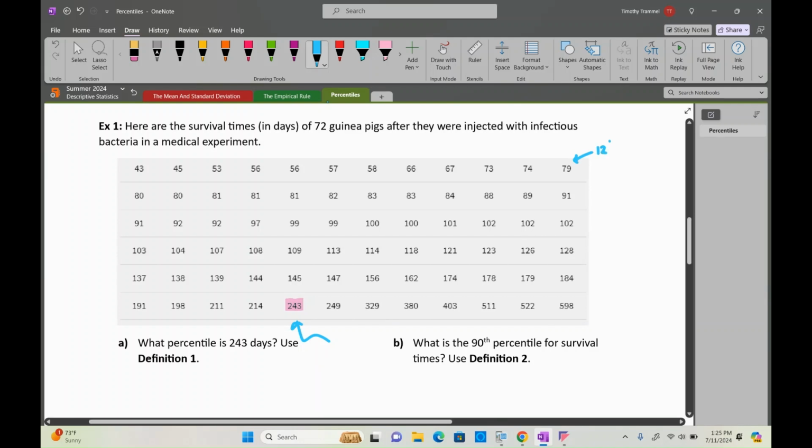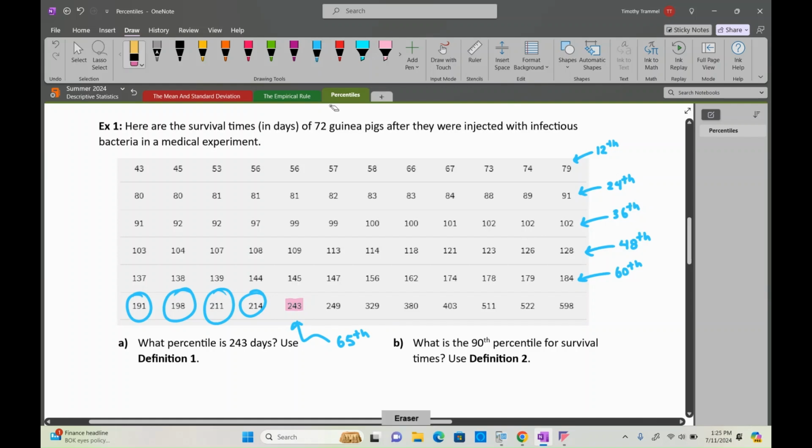So this is the 12th number, this right here is the 24th number, 36th, again just counting by 12s, 48th, and this would then be the 60th. So this would be the 61st number, the 62nd, 63rd, 64th, and finally this is the 65th number in our ordered list.